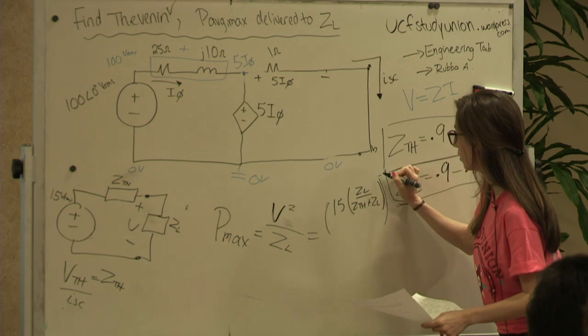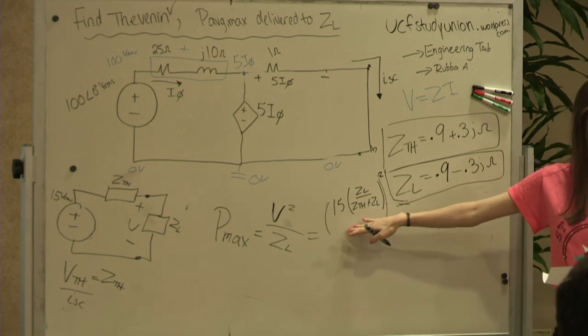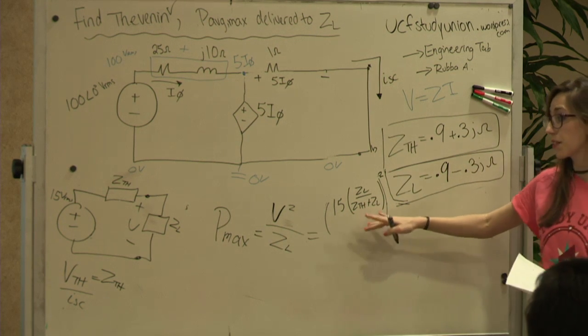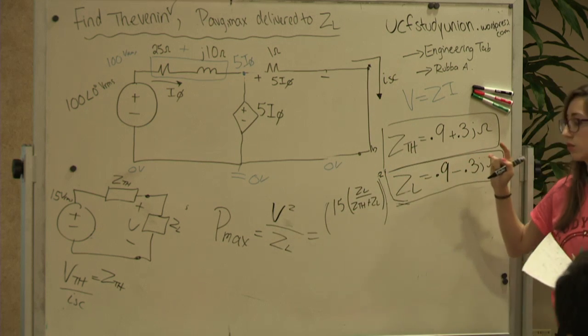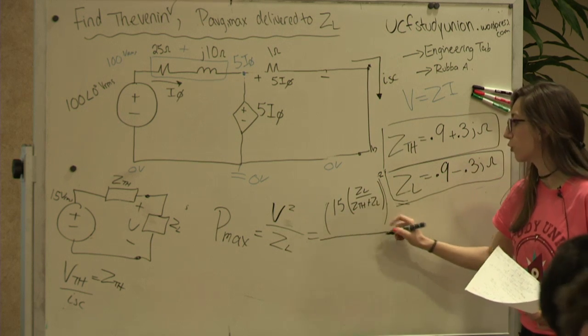And this whole thing is going to be squared. This whole thing represents V. Does everyone see the voltage division I just did? And then all that over ZL.